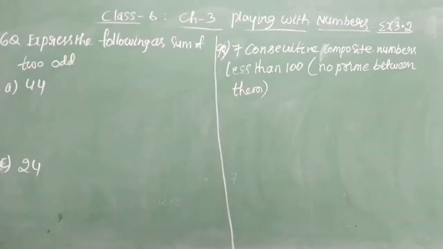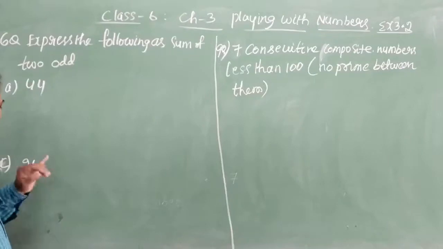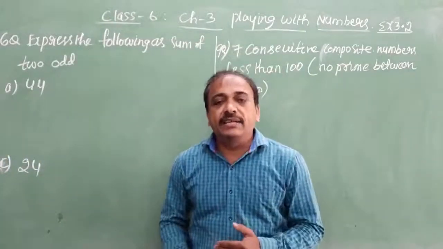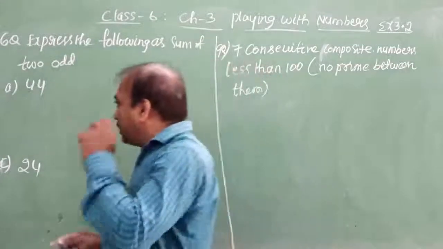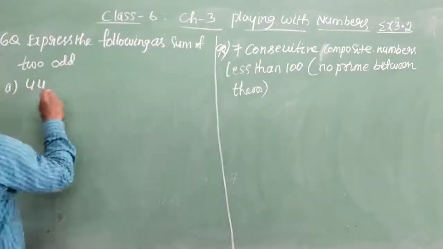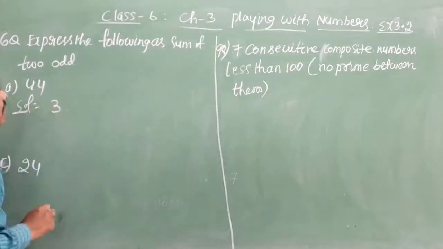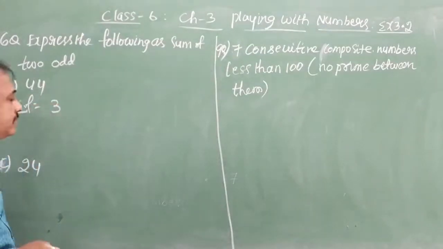Let us see question number 6. Express the following as sum of 2 odd numbers. Here 44 is given and 24. These we have to express as sum of 2 odd numbers.